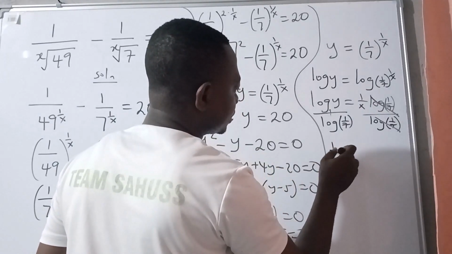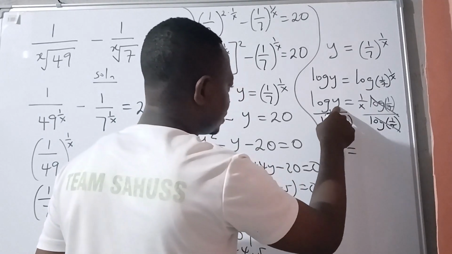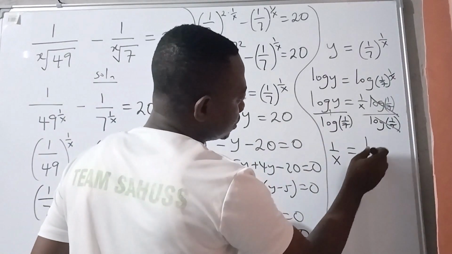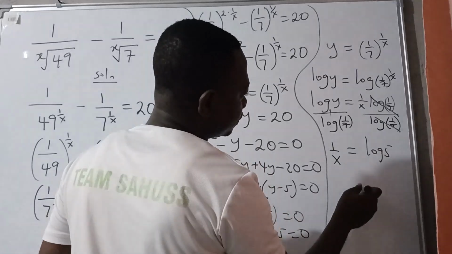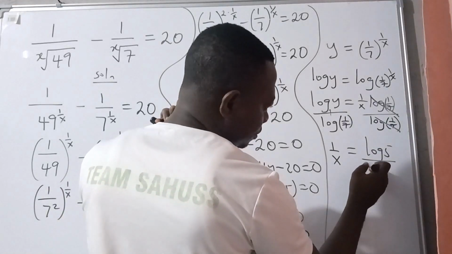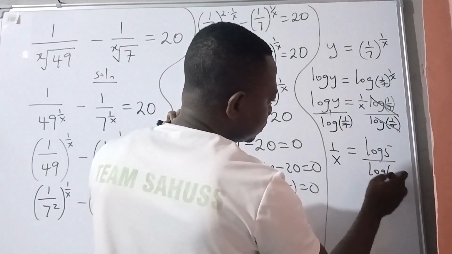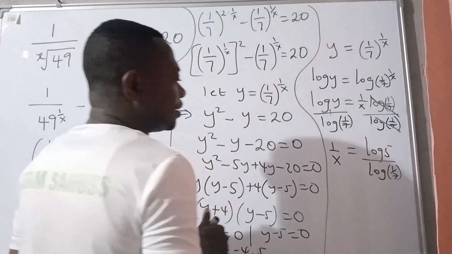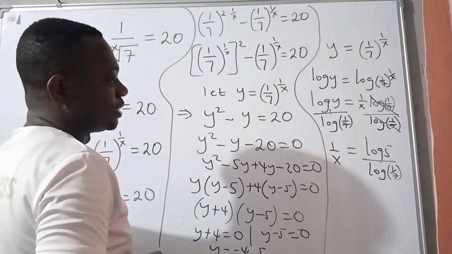We have 1 over x equals to, so let's do the substitution. Let's put 5 there. That will be log 5 on log 1 on 7.